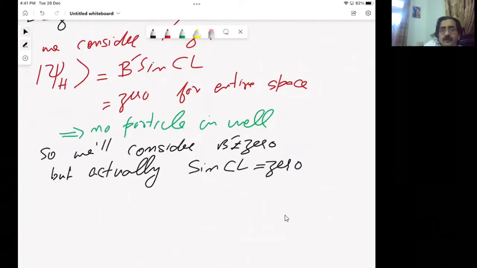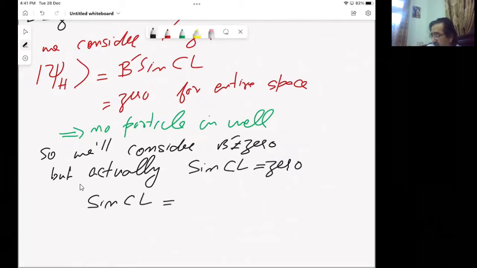When sine CL is 0, this implies that CL will be equal to sine inverse 0.